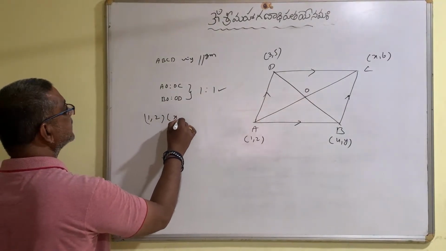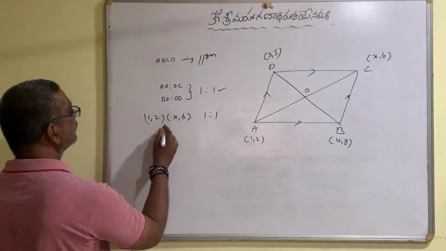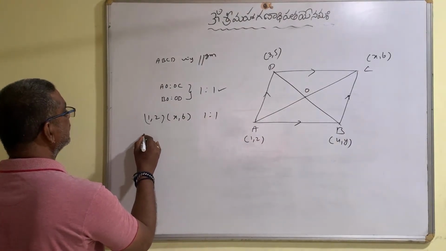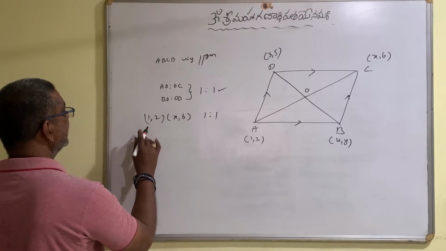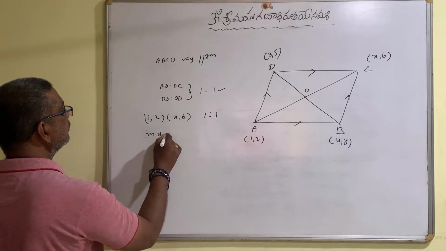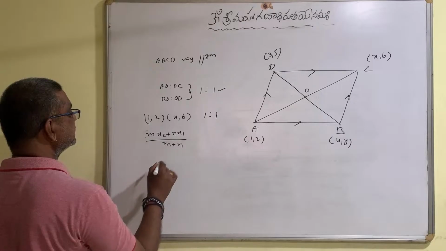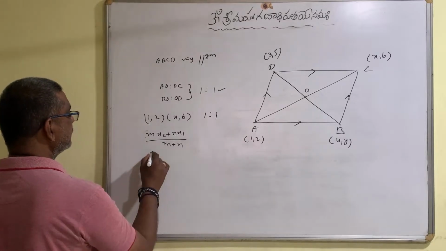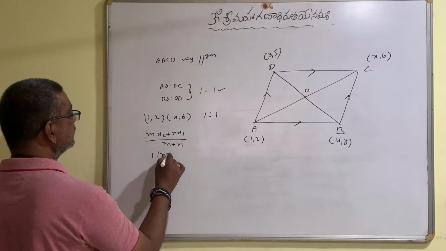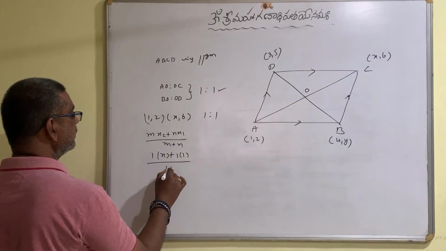A(1, 2), C(x, 6), ratio 1:1. Write the formula: m x2 plus n x1 by m plus n. So 1 into x2 plus 1 into x1 by 1 plus 1.